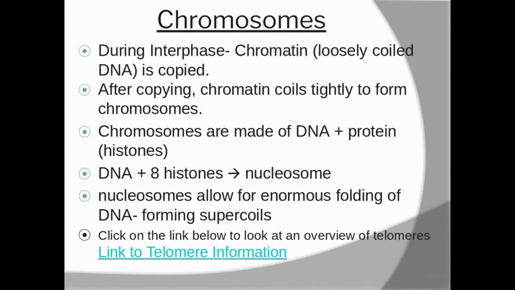All right. But chromosomes are able to coil up and wrap themselves around the DNA wraps itself around the proteins known as histones. Now, a grouping of 8 histones is called a nucleosome. Nucleosomes allow for enormous amounts of folding and coiling to pack that DNA in as tight as you possibly can.